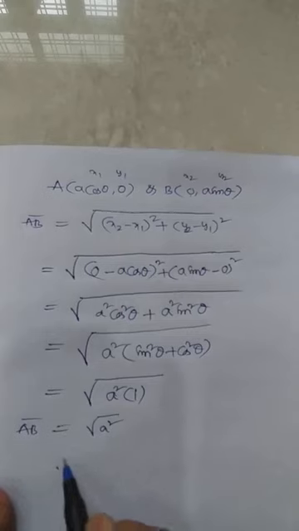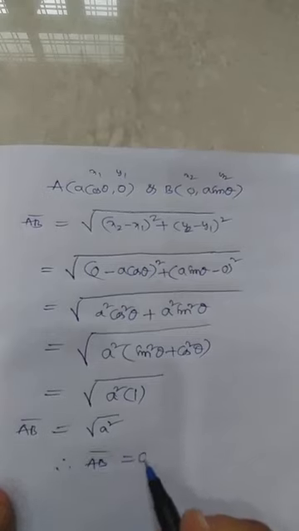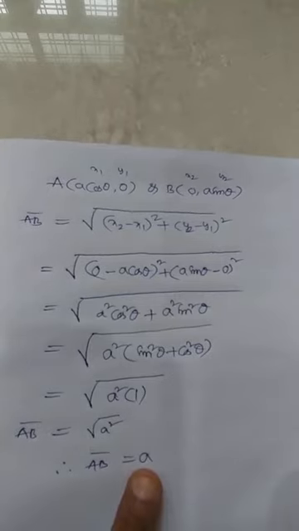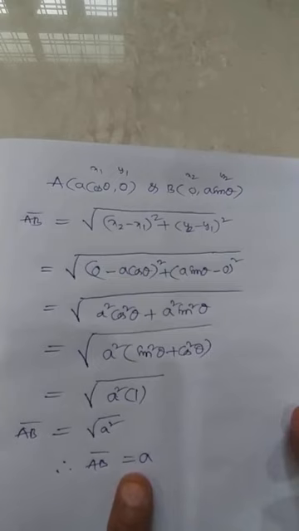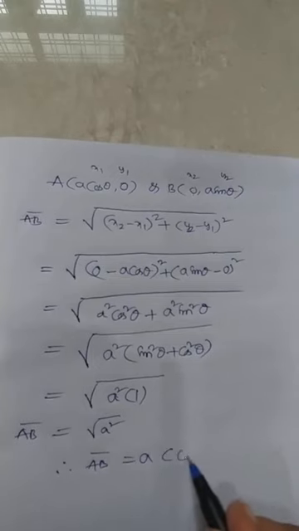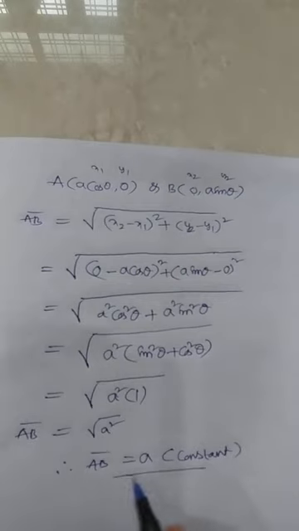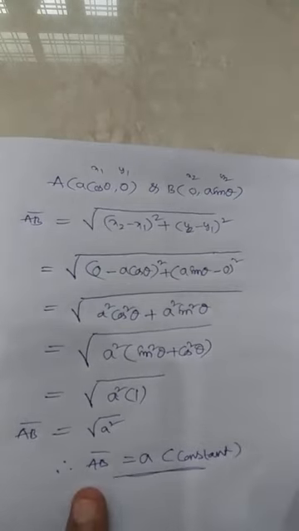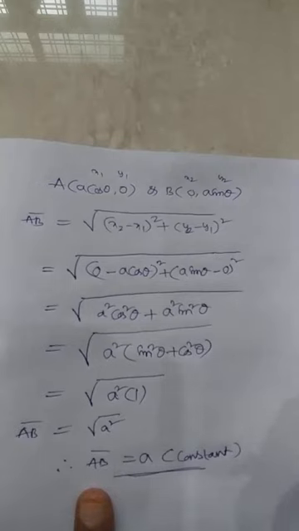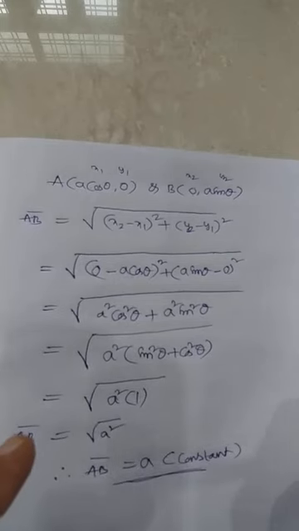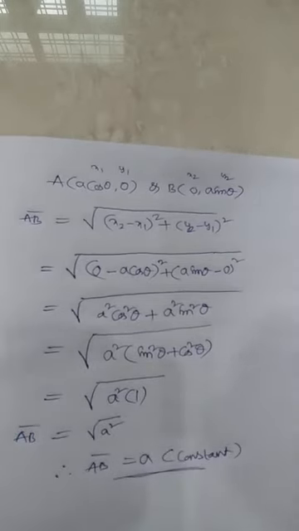Therefore AB bar is equal to small a. So this value is free from theta, so we can consider it a constant. So what we have proved is that where the tangent line meets the coordinate axes, the distance between those 2 points is constant.